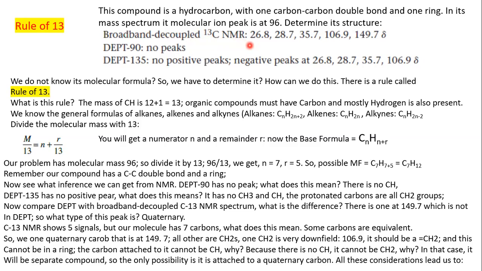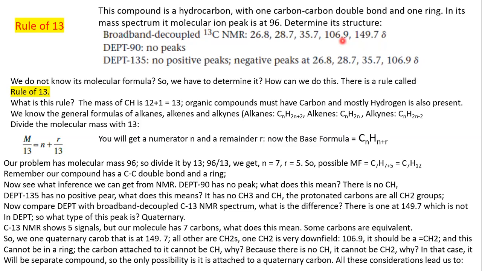It gives us all the carbons present in a molecule. When we say all, we actually mean all the sets of equivalent carbons, that is all the different sets of equivalent carbons.